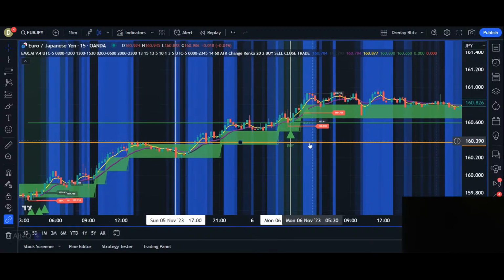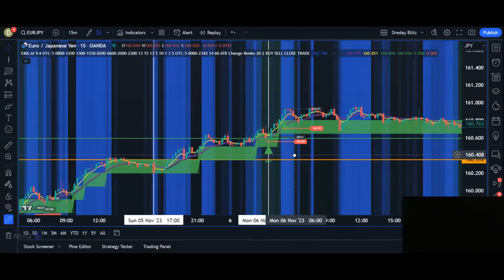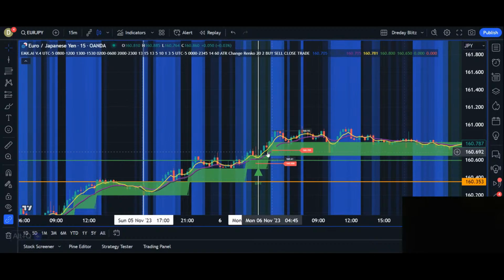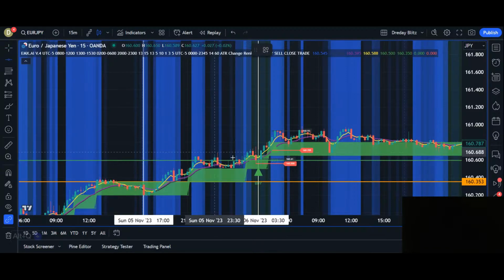So where do you put your stop loss? The buy was right here. You put it at the previous Renko open, so that'll be here. If you're here, your next TP zone is right here.